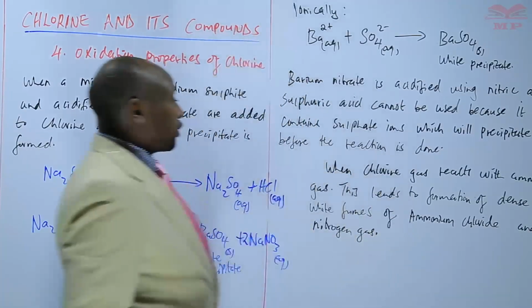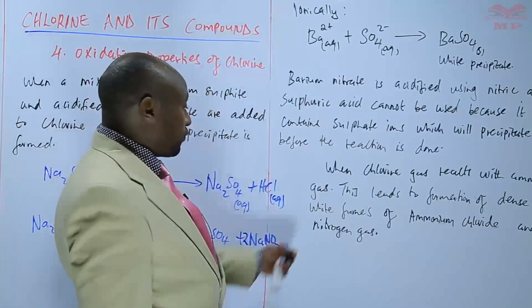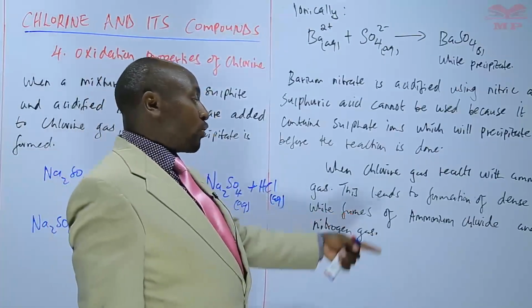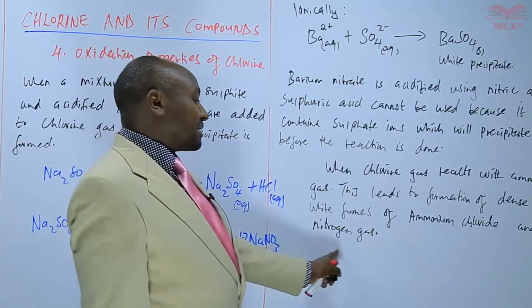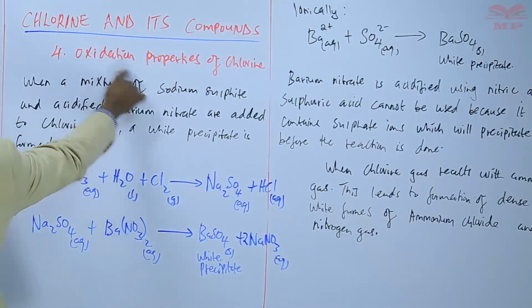So we are saying that when chlorine gas reacts with ammonia, there is formation of dense white fumes of ammonium chloride and nitrogen gas. So we'll see how that reaction is an oxidation.